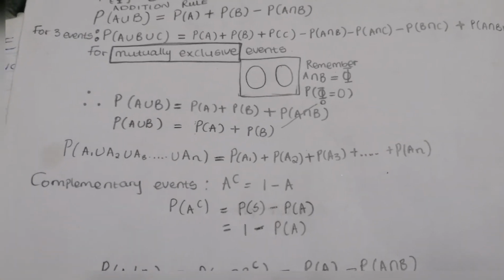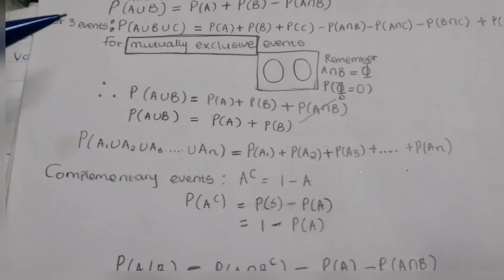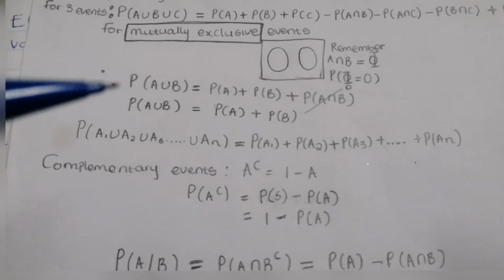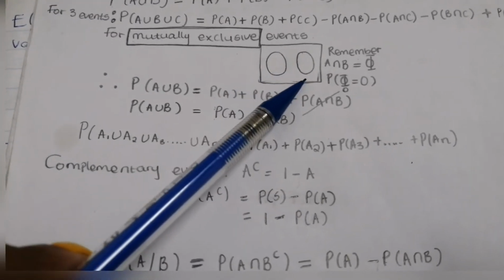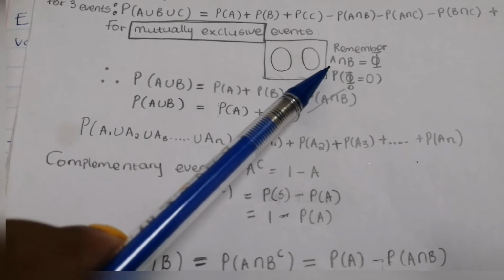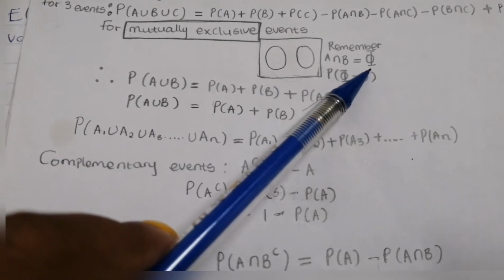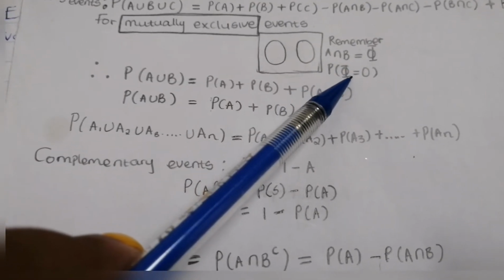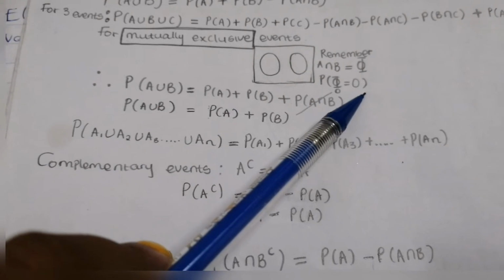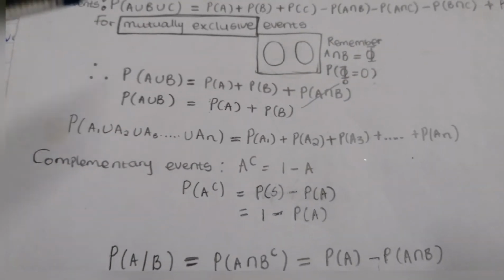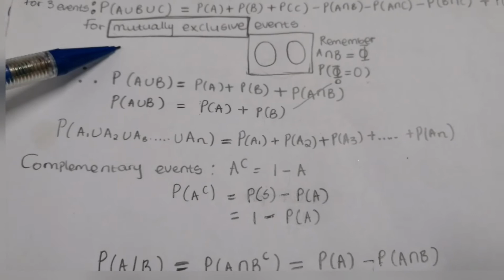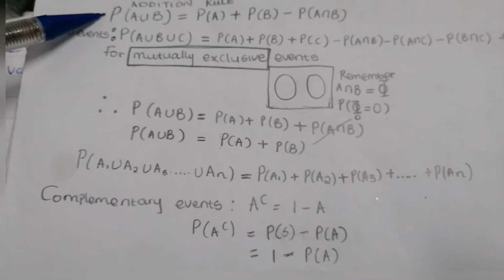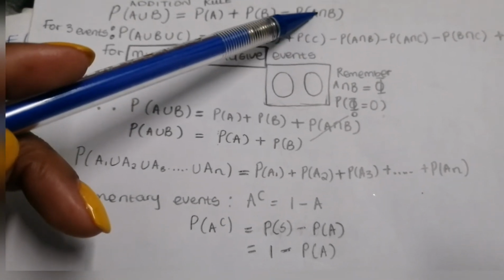So if they tell us that our events are mutually exclusive, we know that the intersection of A and B is a null event, right? So the probability of a null event equals 0. So if our events are mutually exclusive, in our addition rule this term will go to 0.